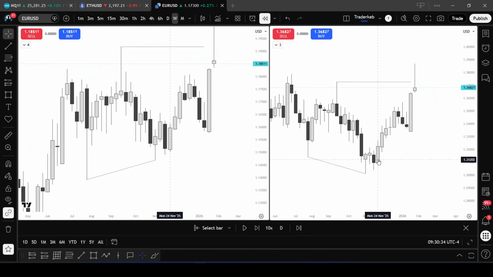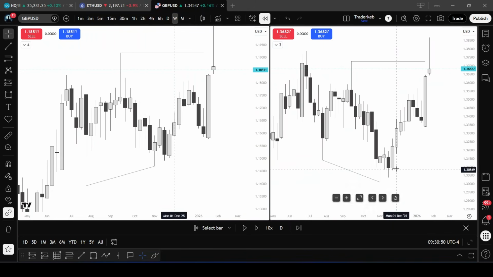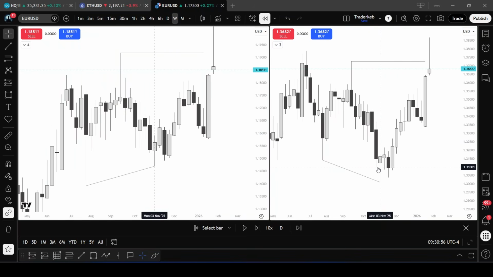Look at this expansion, this weekly candle, how they formed on GBP USD. You see that we had a much more energetic move away from this key level on GBP USD than we did on Euro USD. So you already see we had a strength switch on our way to this draw on liquidity.